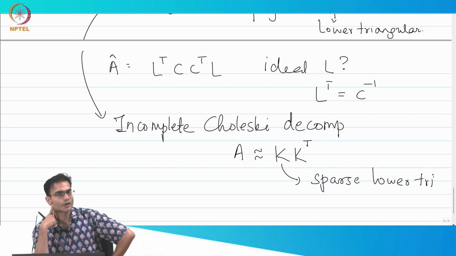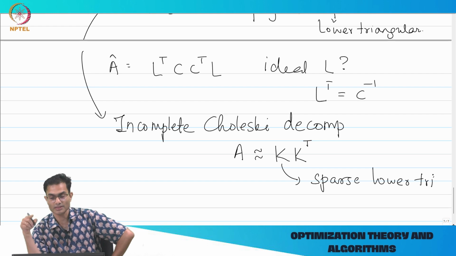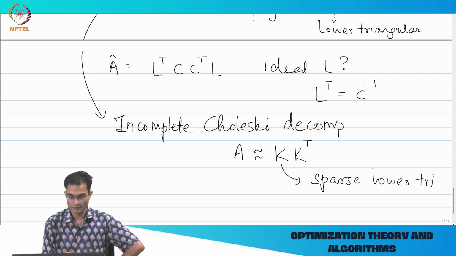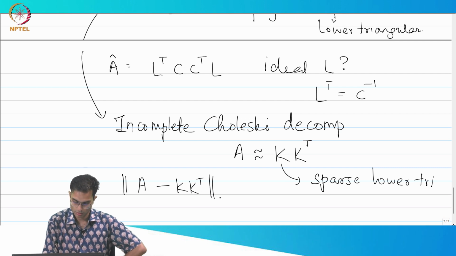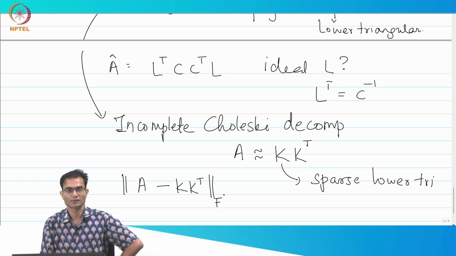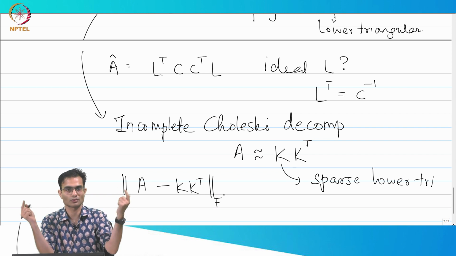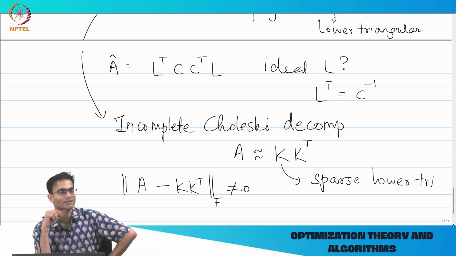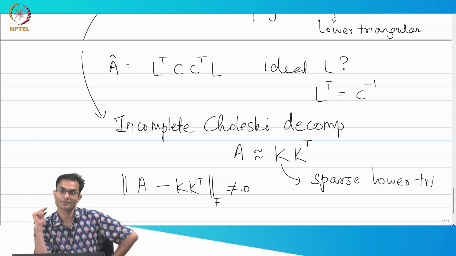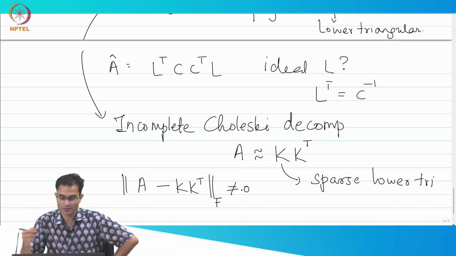So it does not agree with C completely. That means if I calculate, for example, the Frobenius norm of the difference, meaning entry-wise the root mean square, I will not get 0. So it's not exact, that's why it's called the incomplete Cholesky decomposition. It is cheap to compute, and that's why it is used in this way.